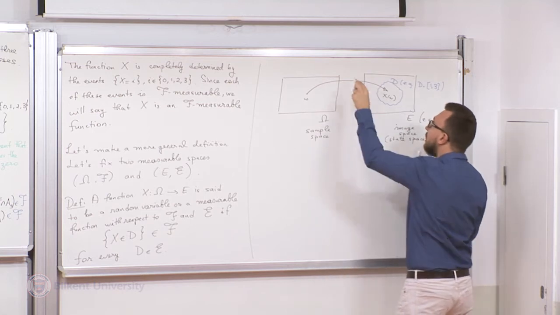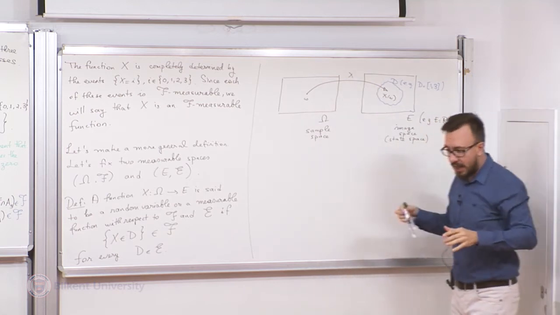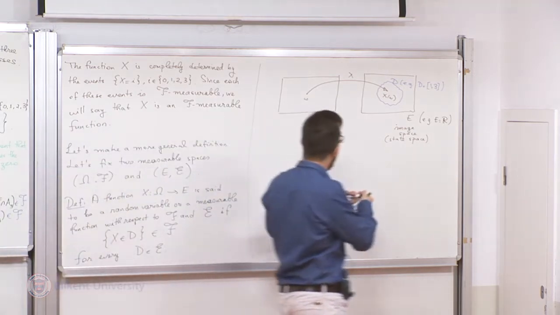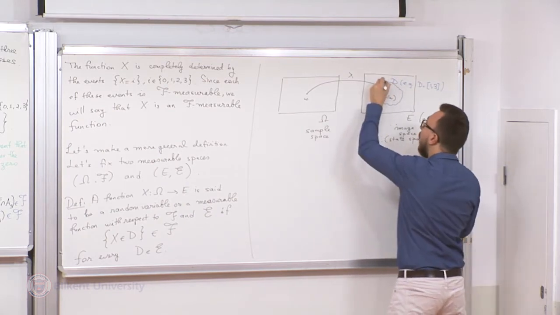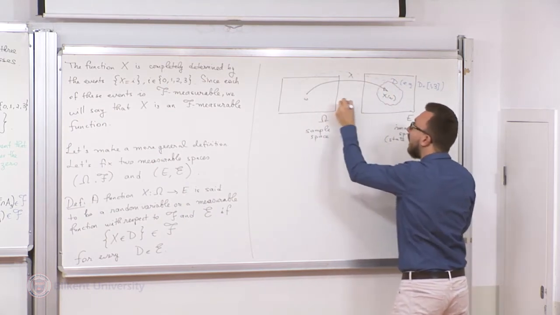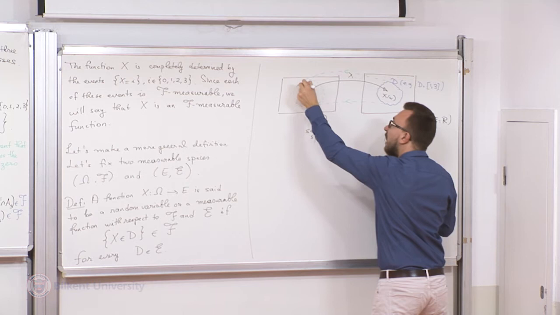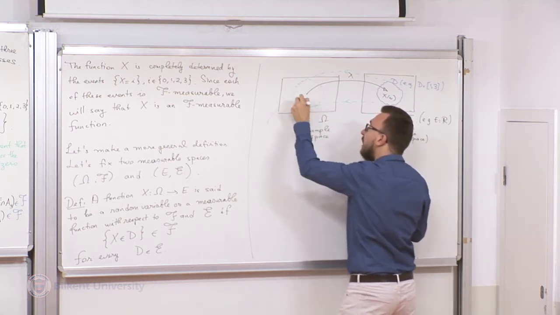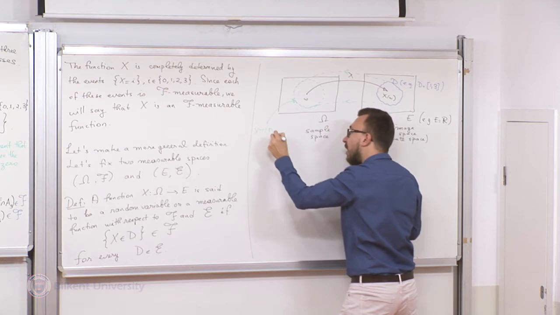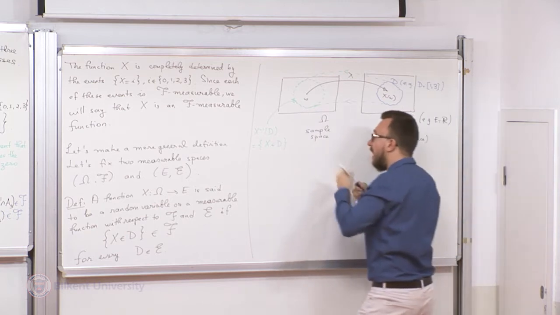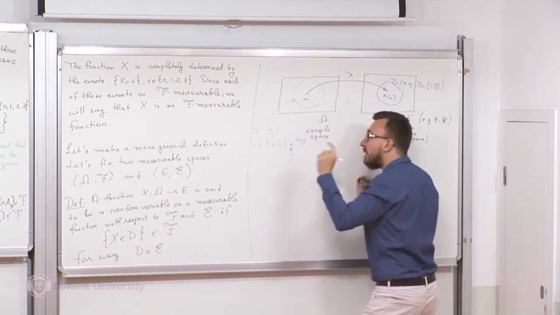And this is our function X. What we want is that events of the form X takes values in D make sense for the random experiment. Meaning that if you go back to your original space, if you look at this X inverse D, or the event that X takes values in D, we want this to be an interesting event for us.